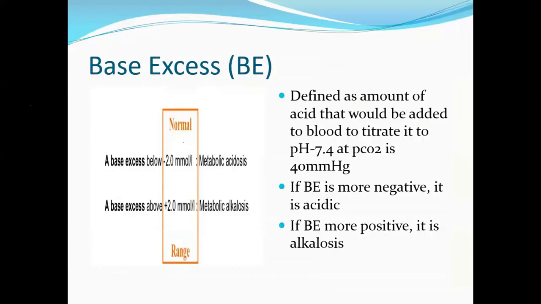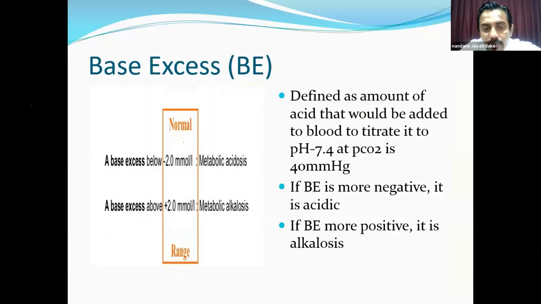Okay, so understand what is base excess. Normal base excess value is -2 to +2. If the base excess is below minus, that is more towards the metabolic acidosis. Base excess tells you about the metabolic component, whether the patient is acidotic.